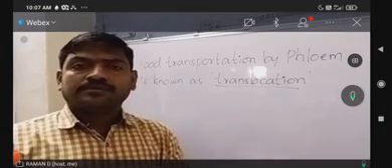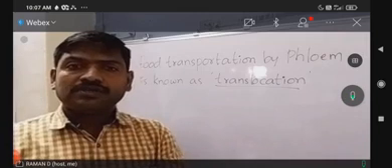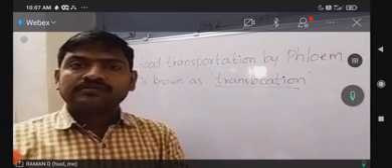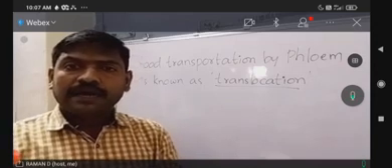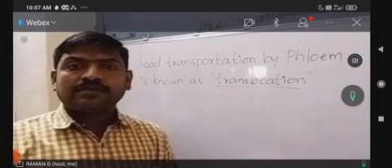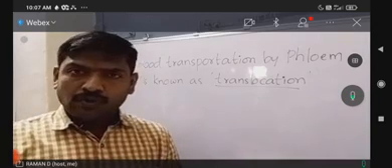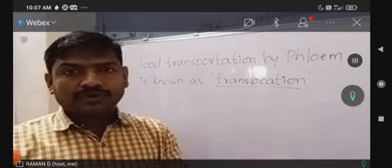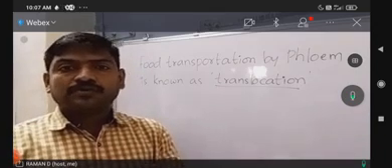Upon reaching the targeted region of the plant, sucrose leaves the phloem sieve tubes again by active transport, and there it gets utilized by being converted into glucose, or stored by being converted into starch. This is how transportation of food takes place from source to sink.